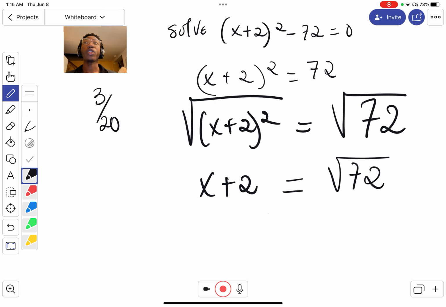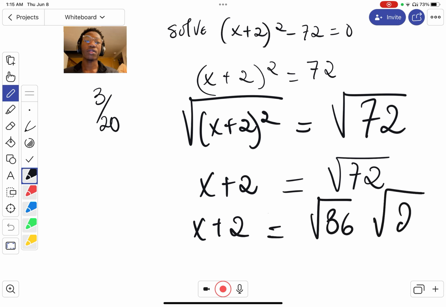For 36, we know 36 times 2 is equal to 72. 36 is a perfect square, so we're going to use 36. x + 2 is equal to the square root of 36 times the square root of 2. They have the same exponent, so multiplying the 36 by the 2 still gives you the square root of 72.